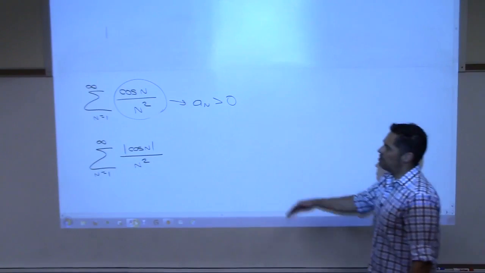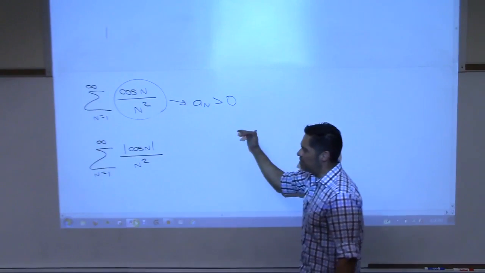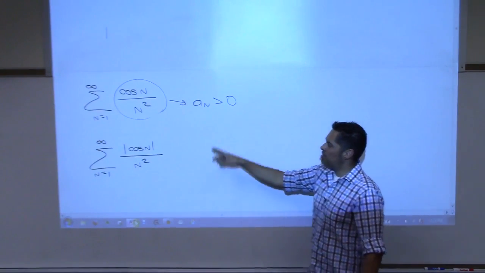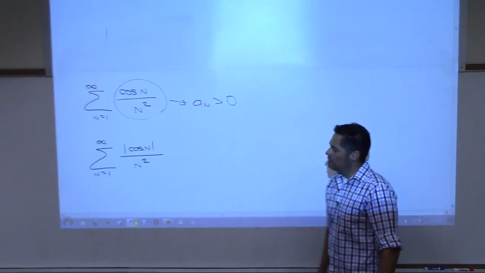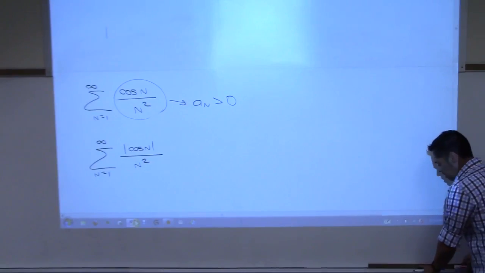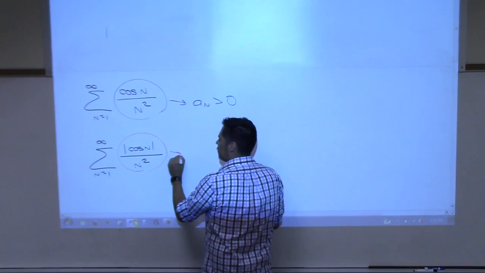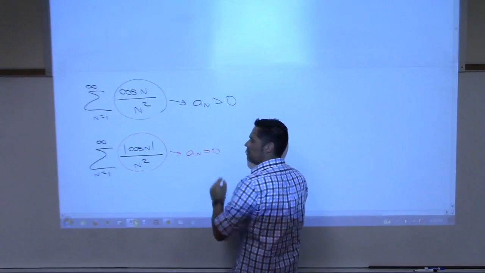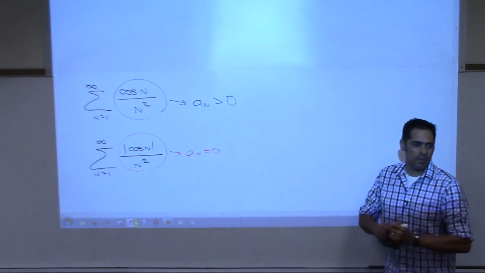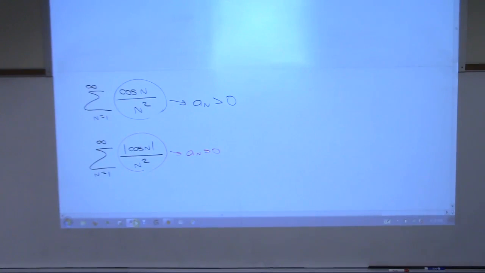So I started with this series. Everything I had in my arsenal of tests failed. So I just take a look at its absolute value. When I do, I can guarantee that these pieces will be positive. Now I can compare it.